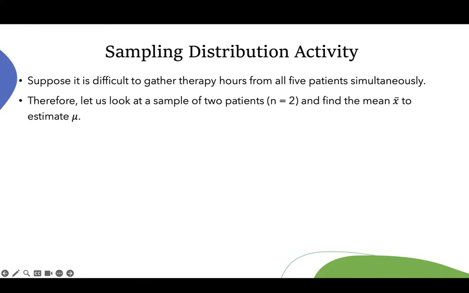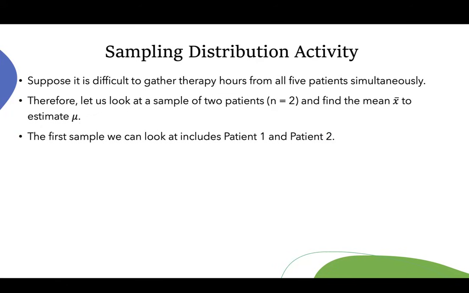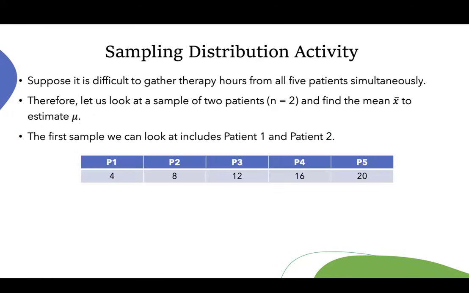And using that sample of size 2, let's find the mean of that sample, which is x bar, and use that mean to estimate mu. So we know mu is 12. Let's see if we can get an x bar that's close to 12. Let's pick a sample of 2 patients. Our first sample, let's look at patients 1 and 2.